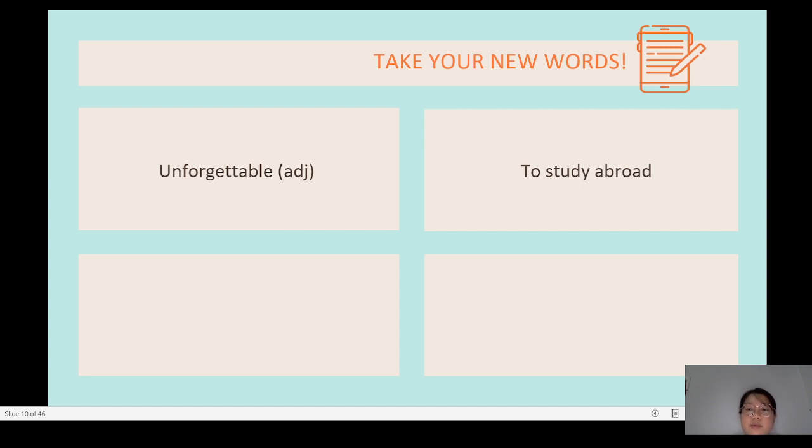And the word study abroad means that you study in a foreign institution or school or university. It means that you don't study in your hometown. Study abroad has the synonym study overseas.